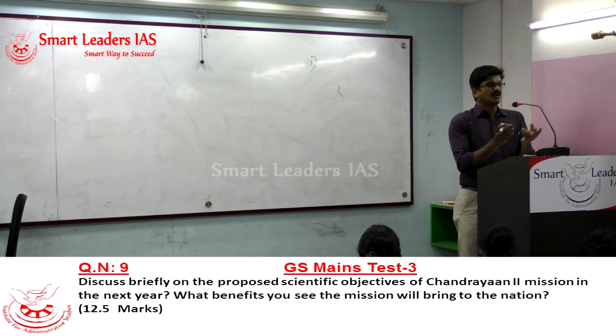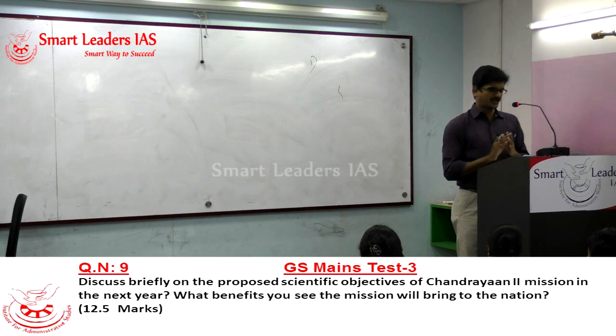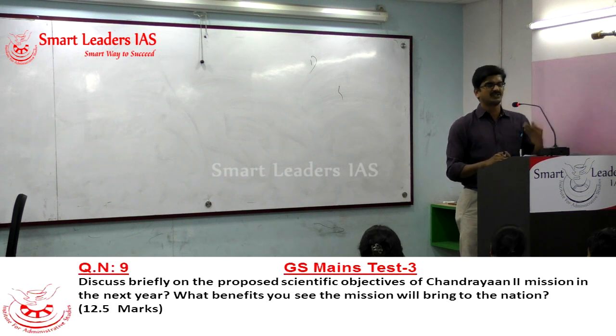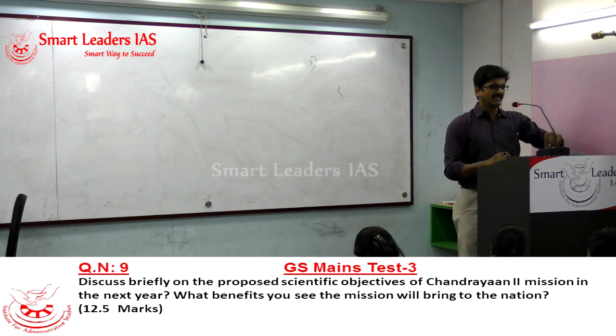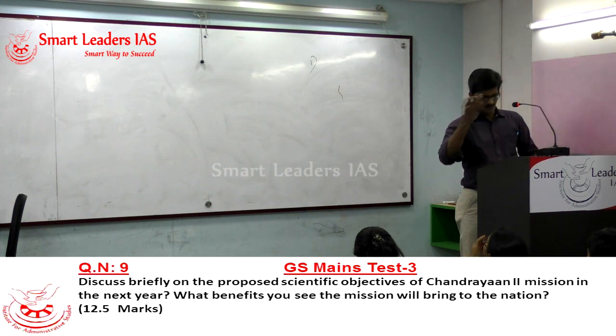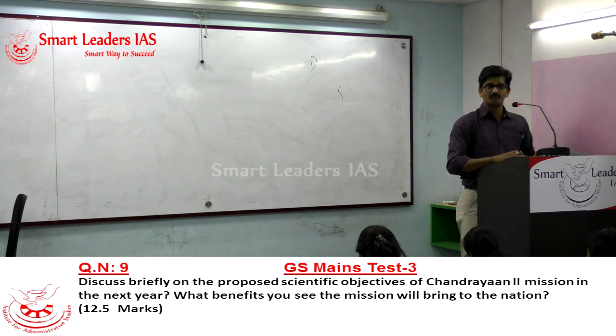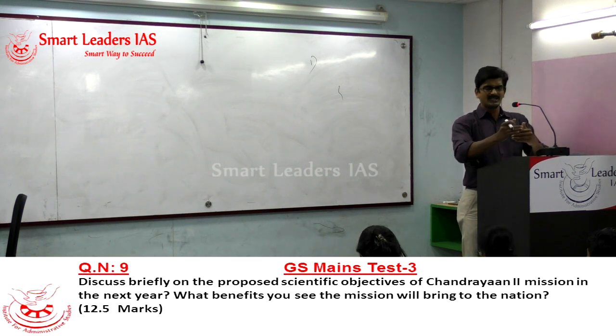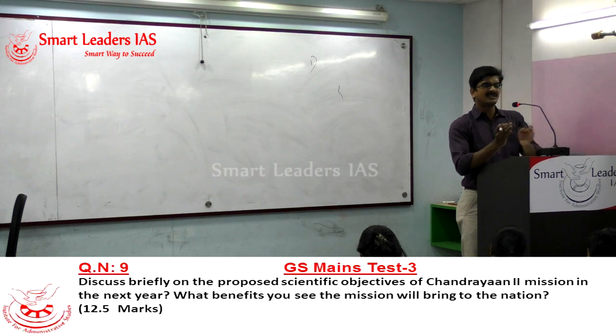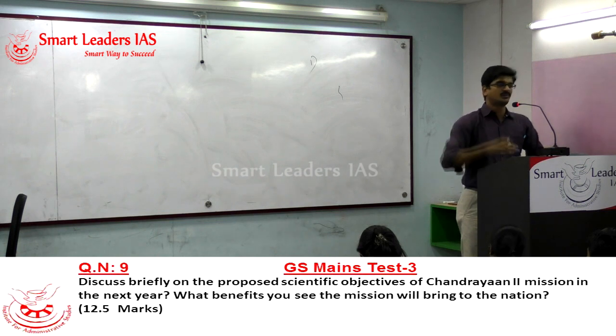So how can I write only about two points? No problem, just add some other important points, like it has three components: an orbiter, a lander, and a rover, to be launched in 2018. To counteract the shortage of points, you add relevant points related to Chandrayaan-2.